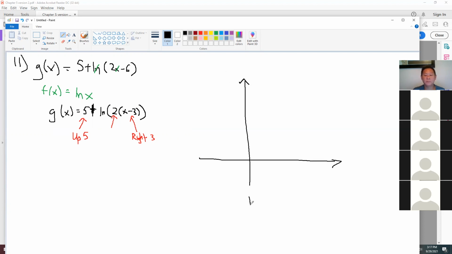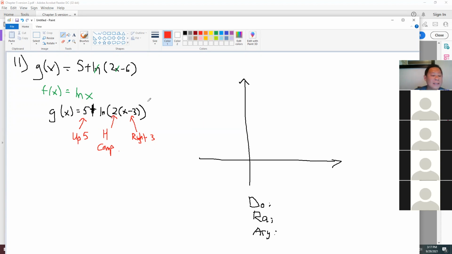Vertical stretch. It's horizontal because it's inside, so it's going to be a horizontal compress. Vertical stretch and horizontal compress are kind of opposite to each other. The only thing is they're inside. So it's a horizontal compress.